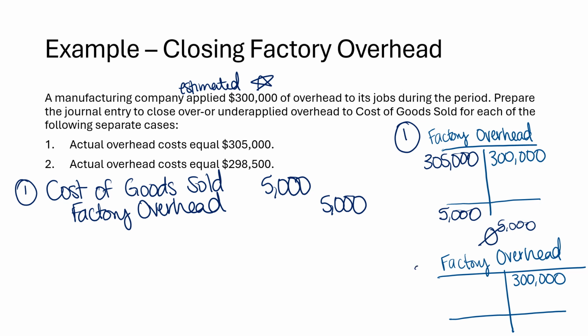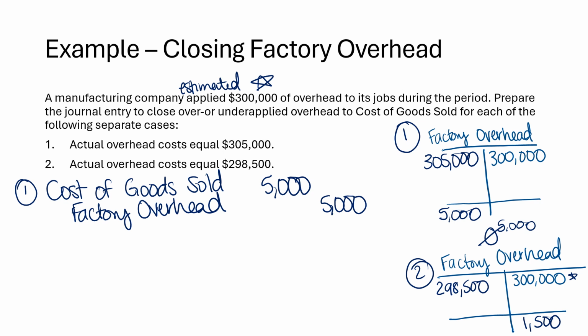So then looking at this second scenario, we already have recorded our applied overhead of $300,000. Now the actual overhead costs equal $298,500. What that will give is an ending credit balance of $1,500.